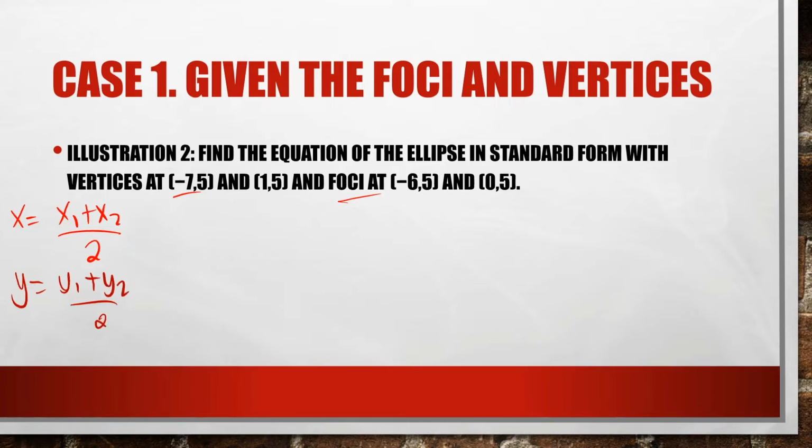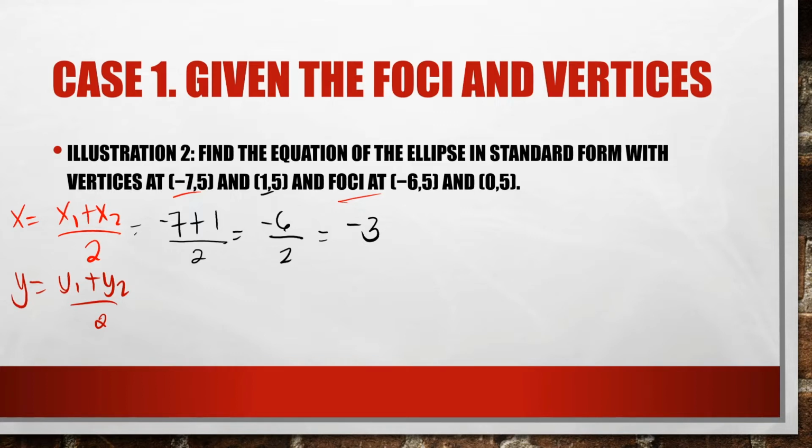Gagamitin natin yung ordinates ng vertices. So, x sub 1, which is negative 7, plus x sub 2, 1, over 2. Magiging negative 6 over 2, so negative 6 over 2 is negative 3.